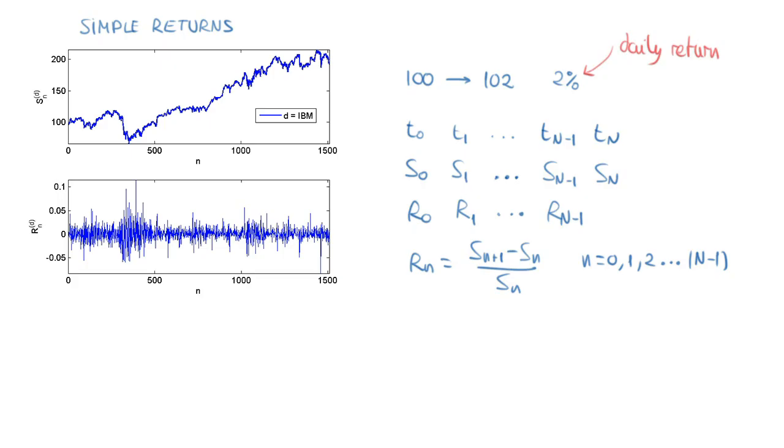Let's now assume that we have a portfolio that invests in d different assets. So we'll have prices for the dth asset and the corresponding returns.